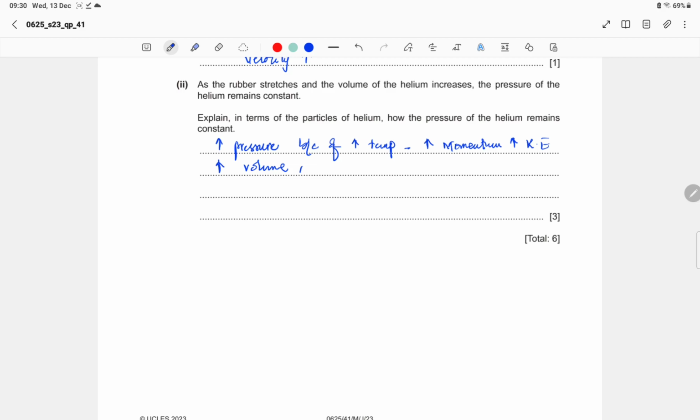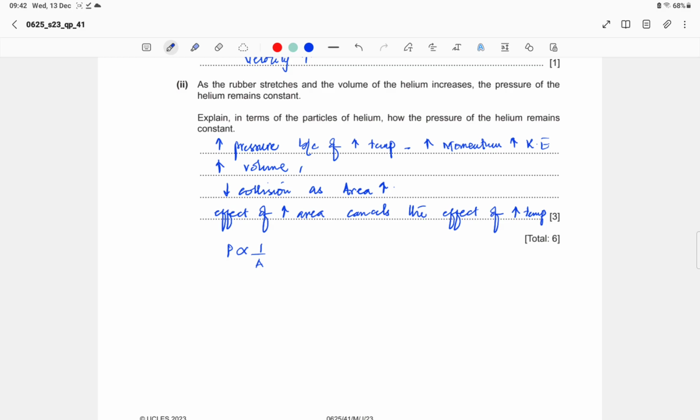So you can write these statements, and obviously if the area is going to increase, the collisions per unit area are going to decrease, and pressure is inversely proportional to area, and the effect of area is going to cancel out the effect of rise in temperature.